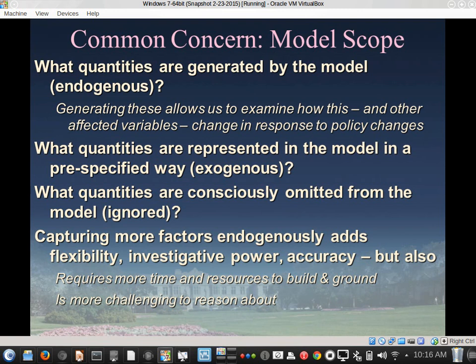Or it may be just left out of the model, hopefully consciously ignored. We chose not to put it in the model because right now our model's more focused on something else. We haven't had time to put it in. We want to think through the implications of a subset of things before we add this extra thing in. And it turns out that capturing more things endogenously, generating them, has more flexibility, investigative power, and accuracy often, but it does require more time and resources to ground it.